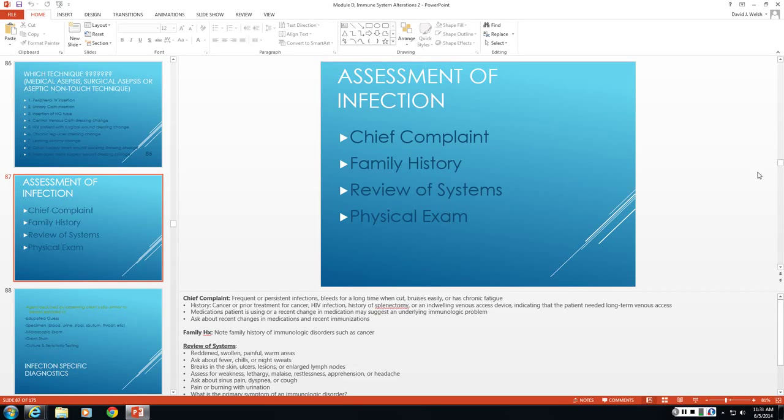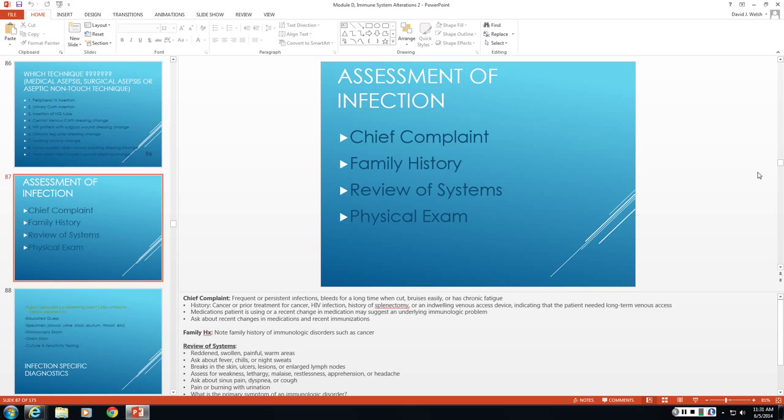You also want to know about their history of cancer or prior treatment for cancer, HIV infection, history of a splenectomy or indwelling venous access device. That would indicate the patient needed long-term venous access.